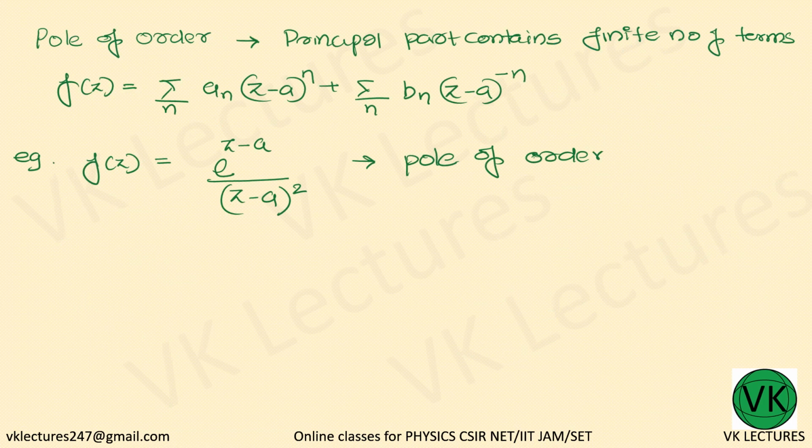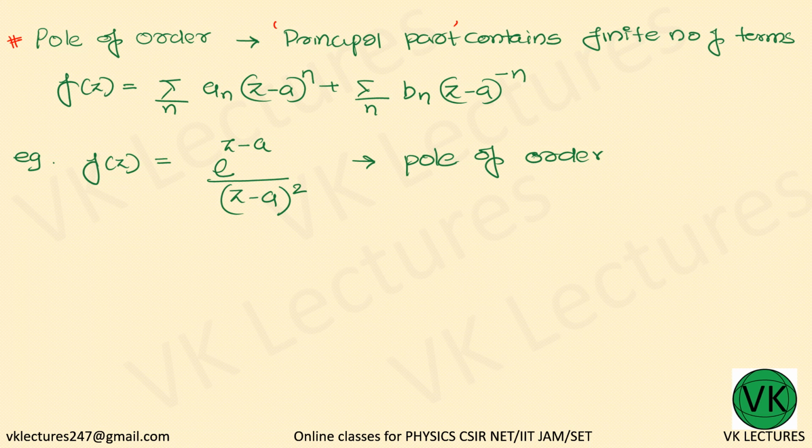The other kind of singularity is the pole of order. Now this pole of order can be 1, 2 or 3 or maybe even more. So what does it mean? It means that our principal part will contain a finite number of terms, rather than what we have learned previously.